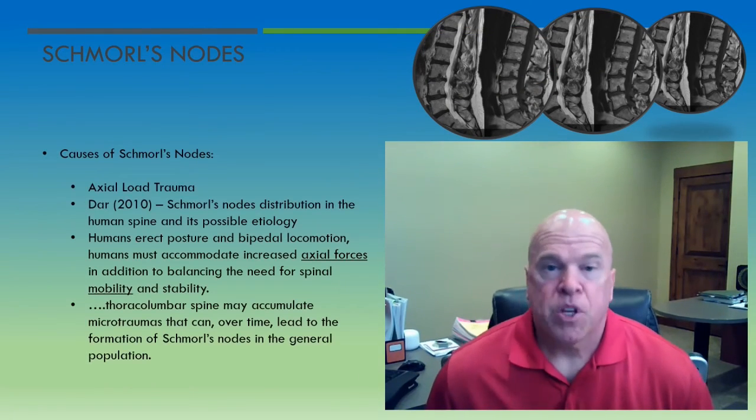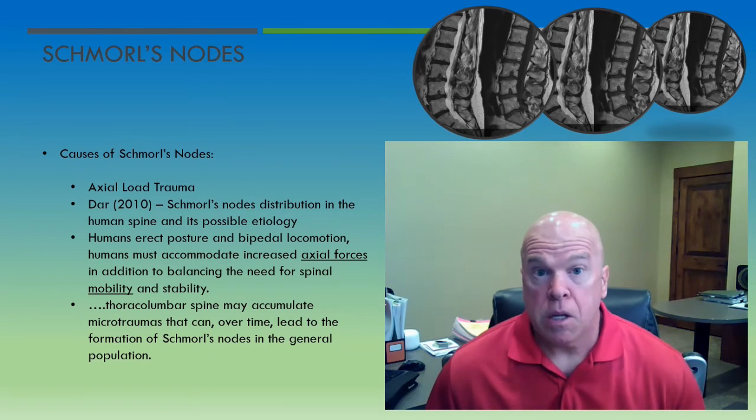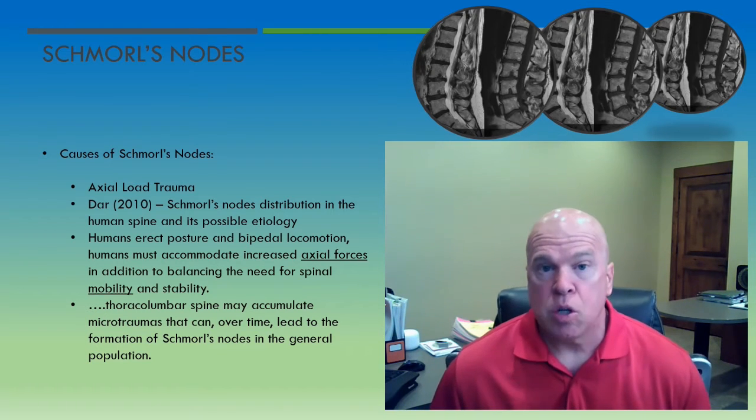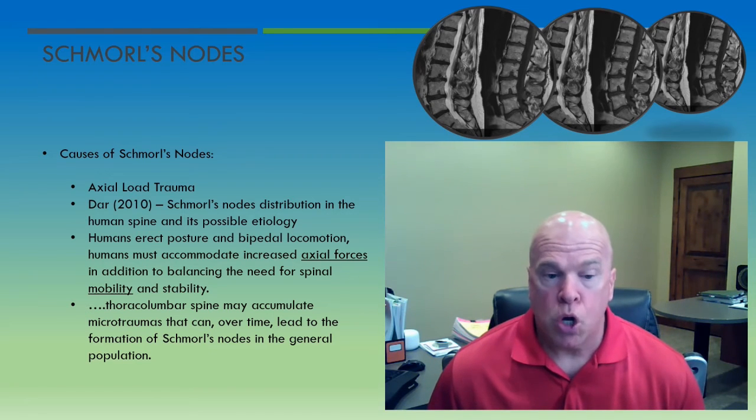In a 2010 study, Dar attempted to determine where in the spine Schmorl's nodes are most likely to develop, and he investigated some of the possible causes of their development.